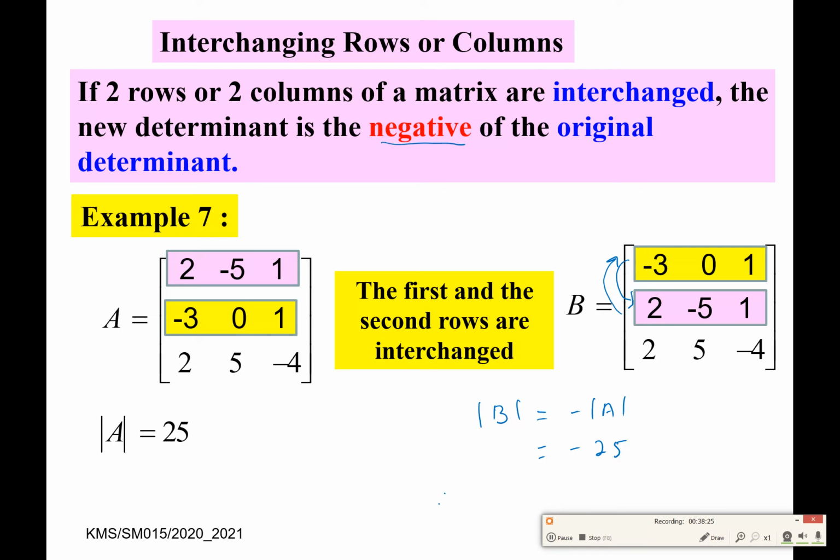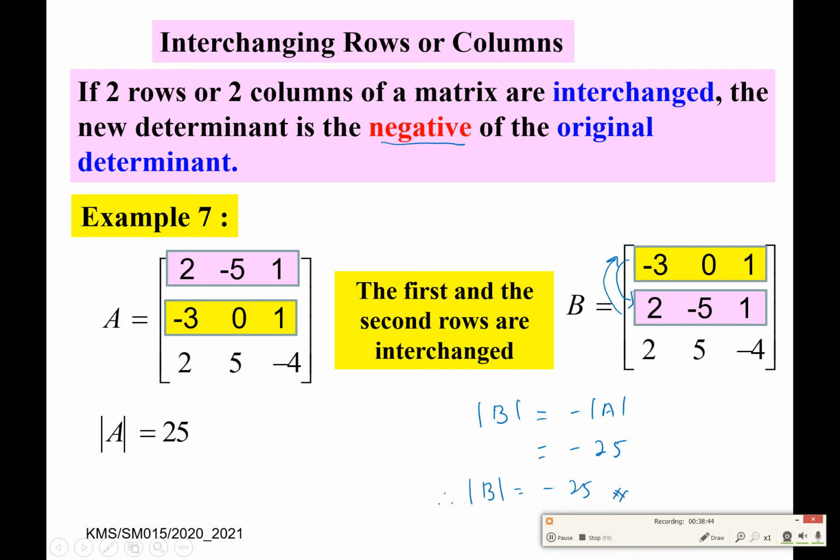The answer is that the determinant of matrix B equals negative 25. Without calculating again one by one, just by using the basic properties of determinants.